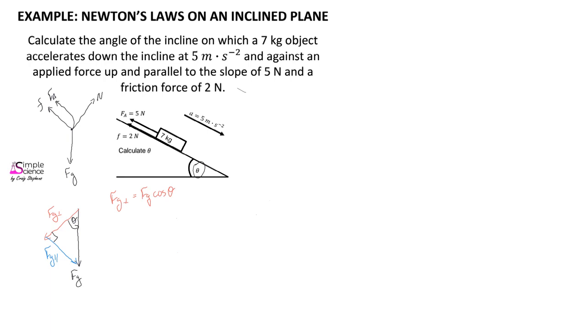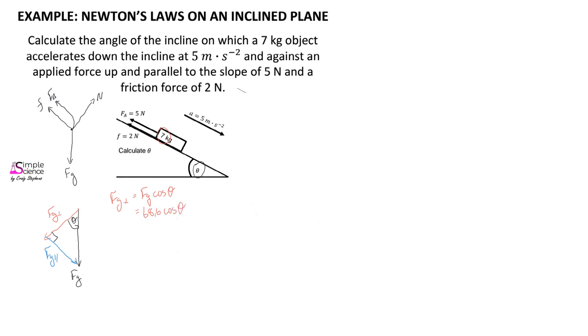where the force of gravity is calculated as the mass of this object, 7 kilograms, multiplied by gravitational acceleration of 9.8, so 68.6, multiplied by cos of theta, where theta is unknown at the moment.